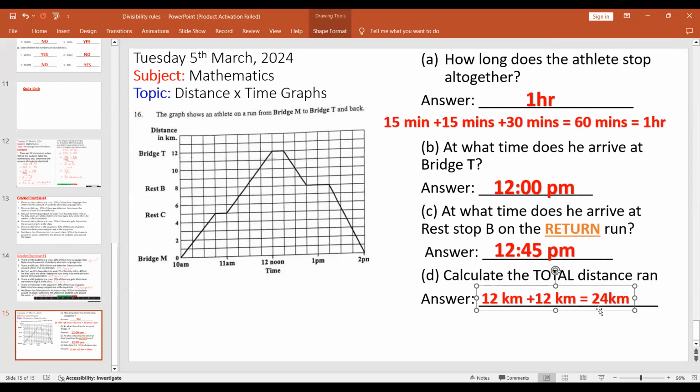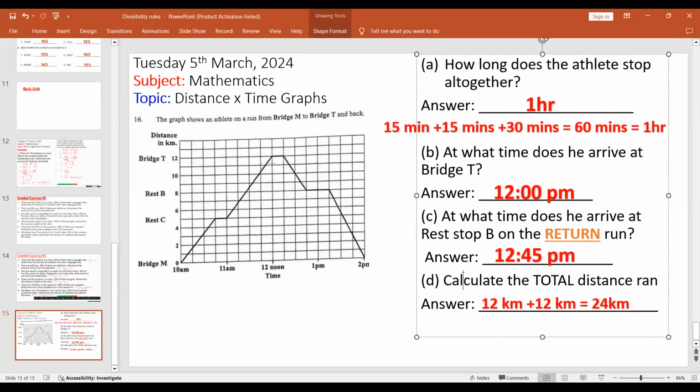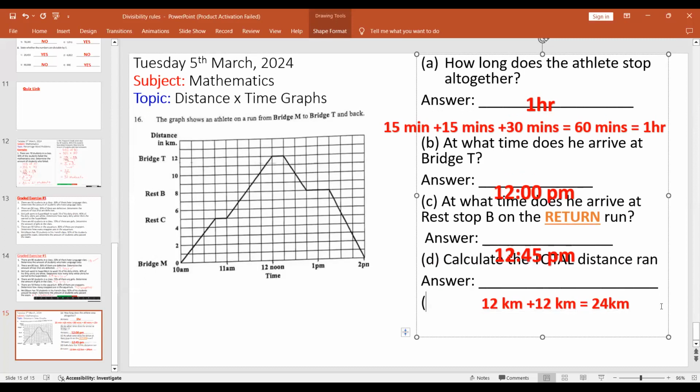What if you want to figure out the total time? So part E says: calculate the total time.